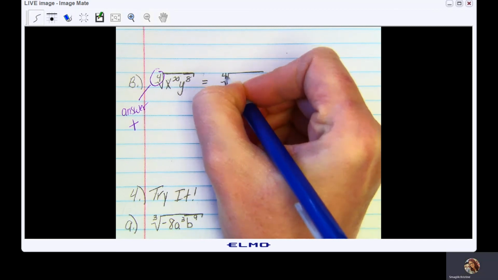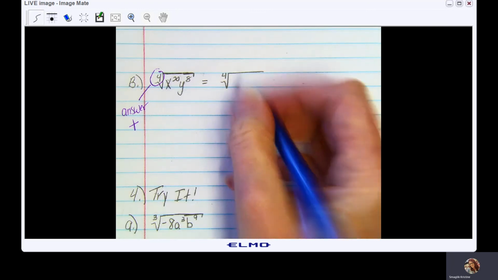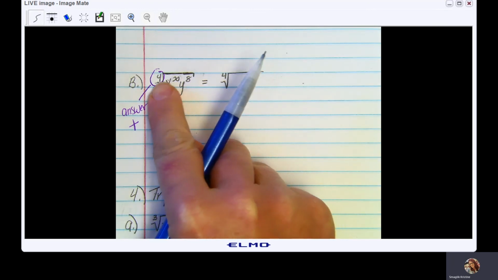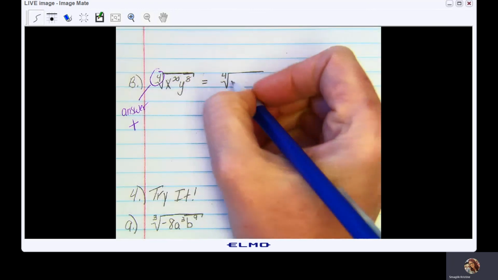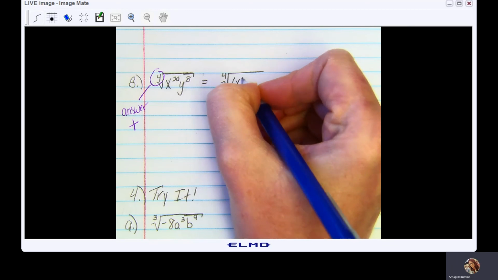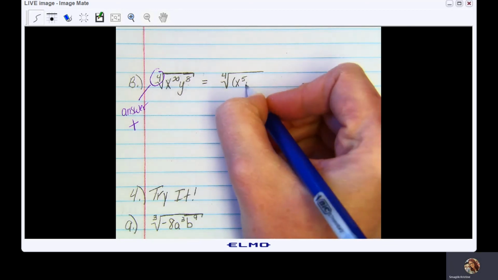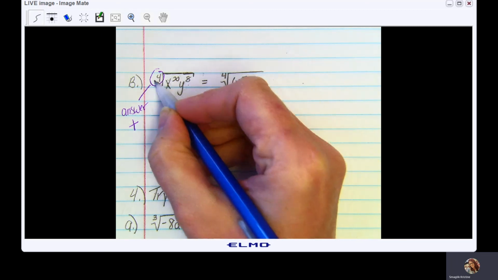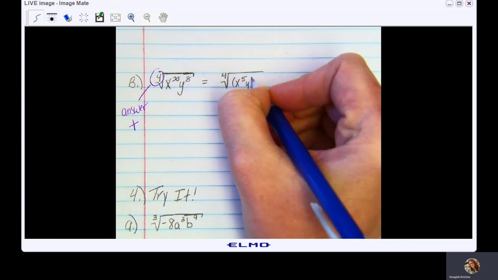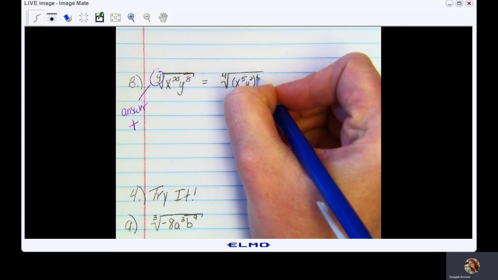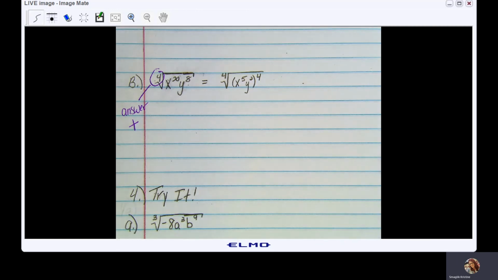Let's do the radical, my radicand. So 20 divided by 4 is 5. That means I can have x to the 5th, and then my base of y, 8 divided by 4 is 2. And then I'll raise all of that to the 4th power.